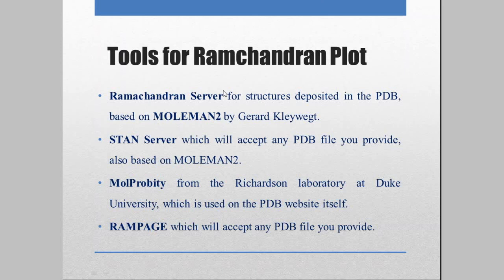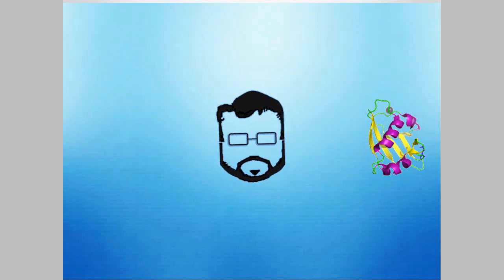Today we'll be looking at only three different online servers which can help us predict the Ramachandran plot. All right, so let's start with performing a tutorial for creating a Ramachandran plot.